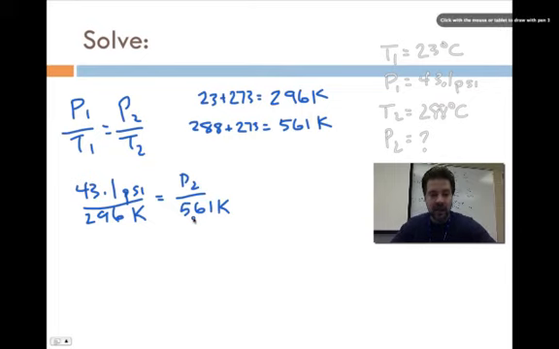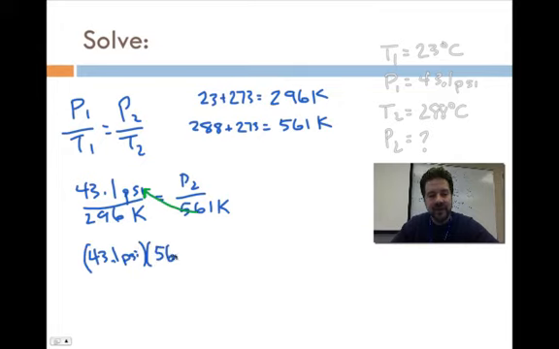You can also think of it as dragging it up diagonally through the equal sign to join up with the 43.1 that's currently on the top. So we would then have 43.1 PSI, and I'm going to put that in parentheses. It is now joined by the 561 K, and that's divided still by the 296 K.